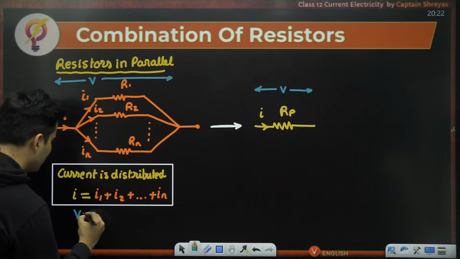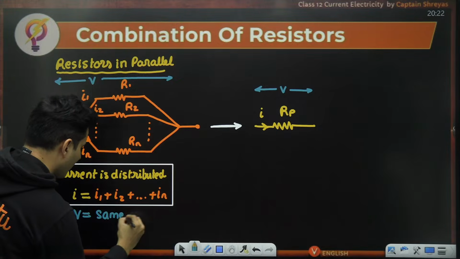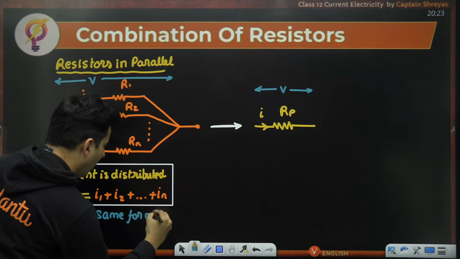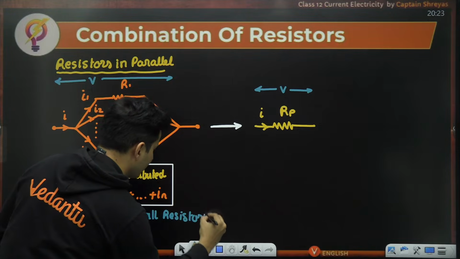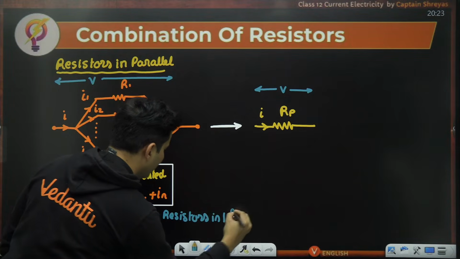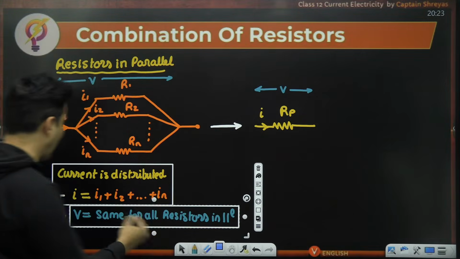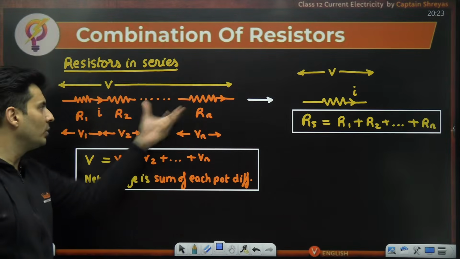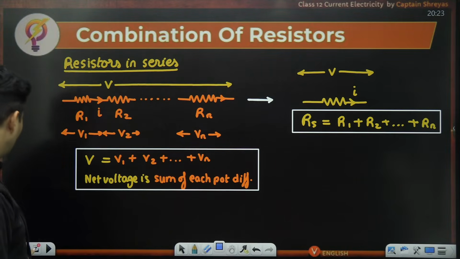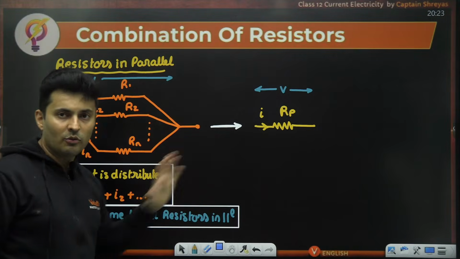So voltage is going to be the same for all the resistors which are in parallel. But remember, in series that was not the case, they were added. The voltages were getting added. V1 plus V2 plus V3 was the total voltage. But here, that is not the scenario. It is the same for all.